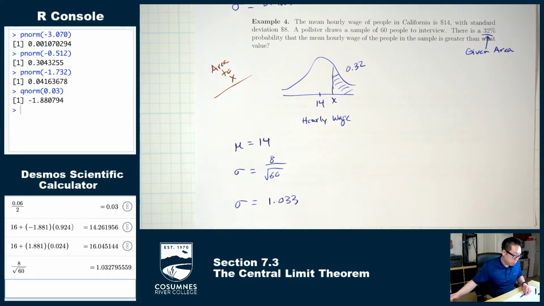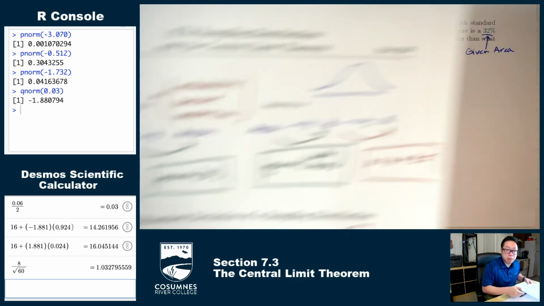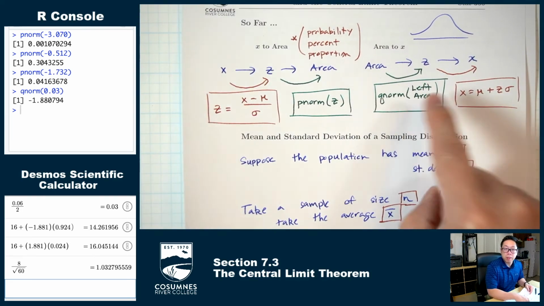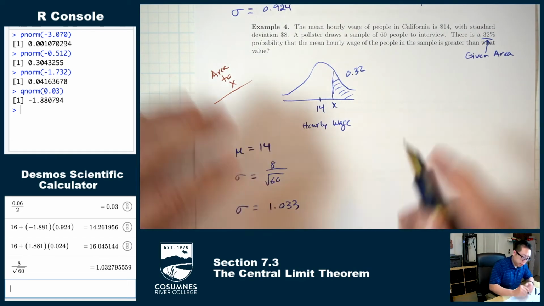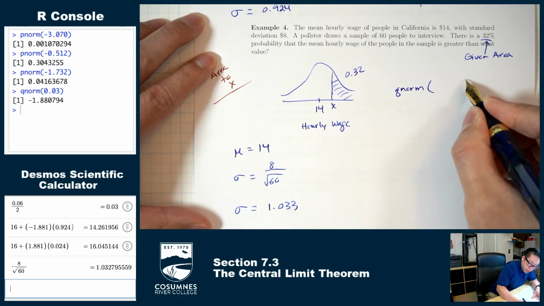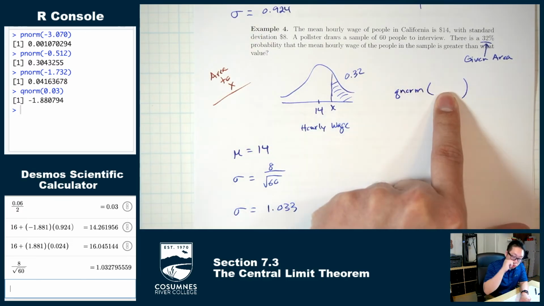And then now my workflow. So my workflow is this, we said it was area to x. Area to x, first thing I need to do is qnorm, left area. Left area goes here. Is 0.32 my left area?